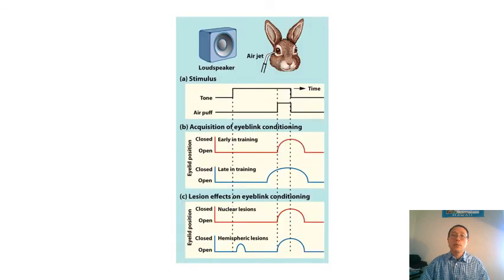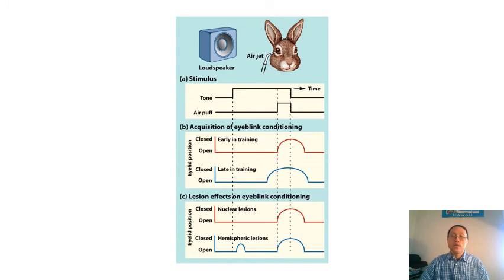The cerebellum is also important when it comes to motor learning, and this is the part I want to talk about. You can see that lesions of the cerebellum really disrupt the learned response in something called eye blink conditioning. Okay, so what is eye blink conditioning?